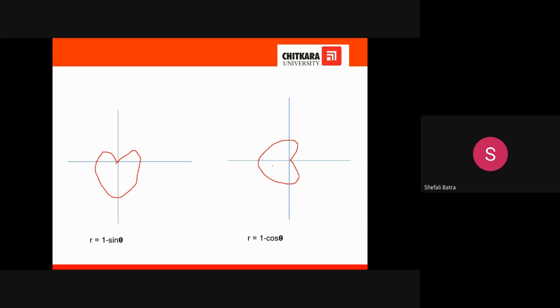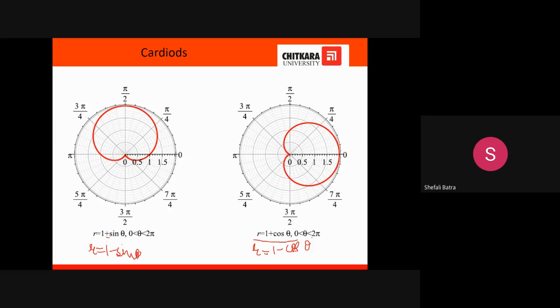This is how you can remember it. 4 cardioids: 1 plus cos theta, 1 minus cos theta, 1 plus sine theta, 1 minus sine theta. If it is plus sine theta, the maximum part would be on the positive y-axis. If it is minus, the maximum part would be on the negative y-axis. If it is plus cos, the maximum part would be on the positive x-axis, and minus cos theta means the maximum part would be on the negative side of the x-axis.